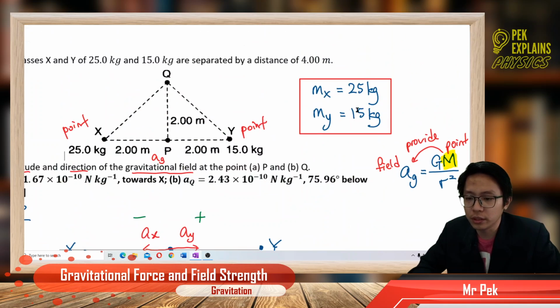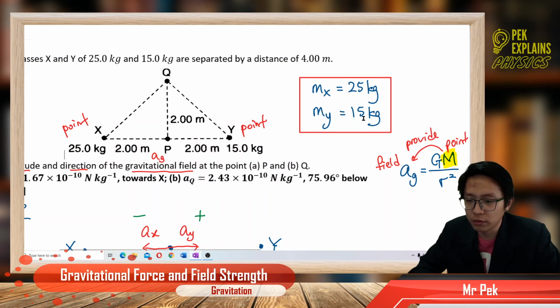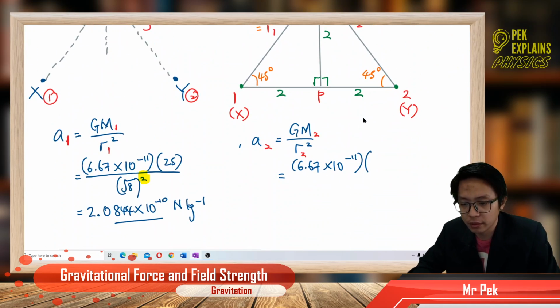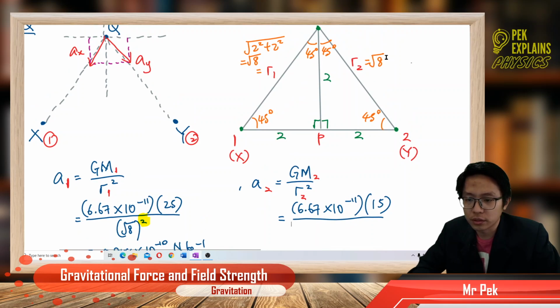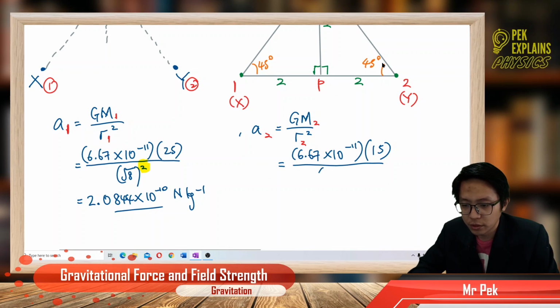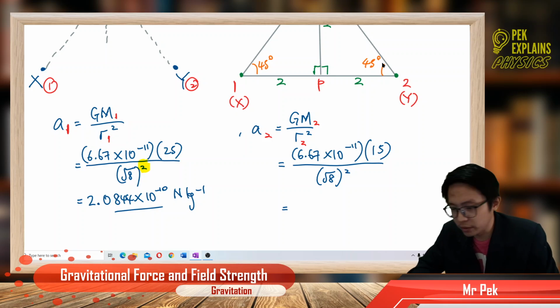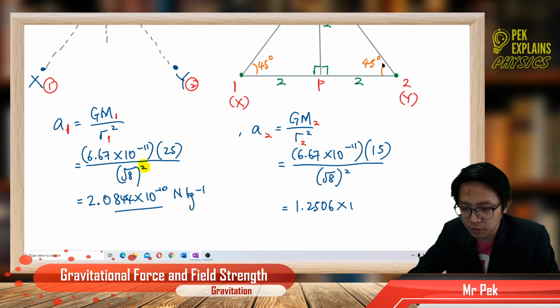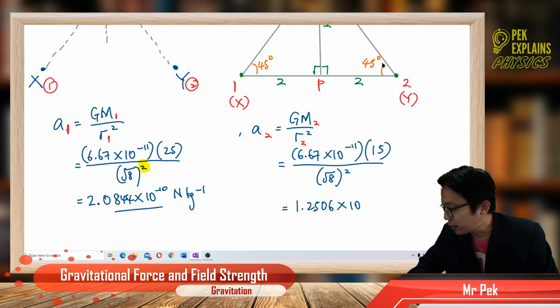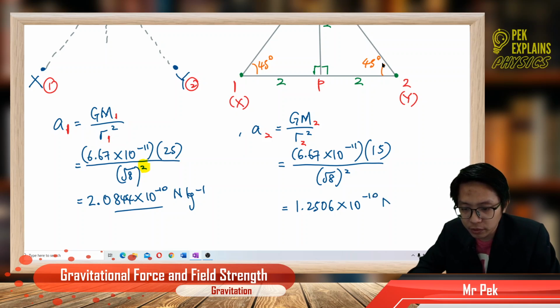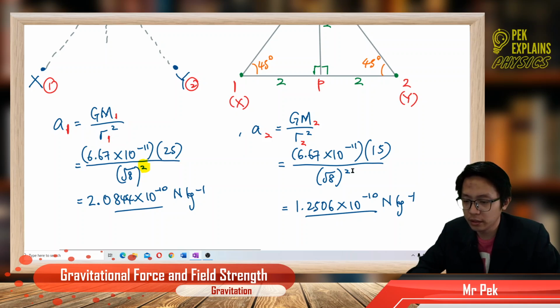Our mass 2 is 15 kilogram. R2, Ry is also 2. So what do we get? We get 1.2506 exponent negative 10 Newton per kilogram. That's the A2.